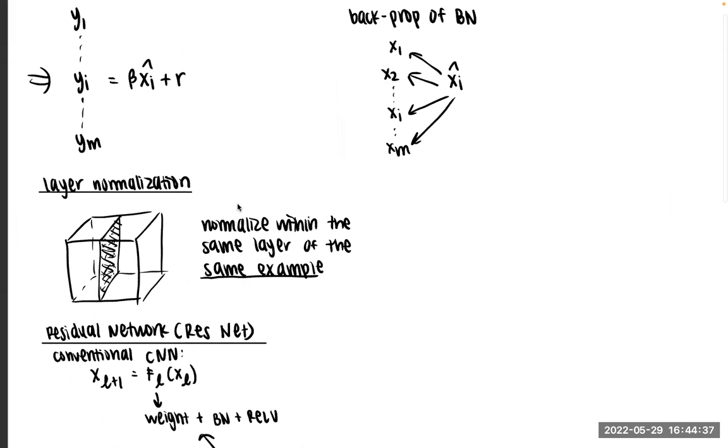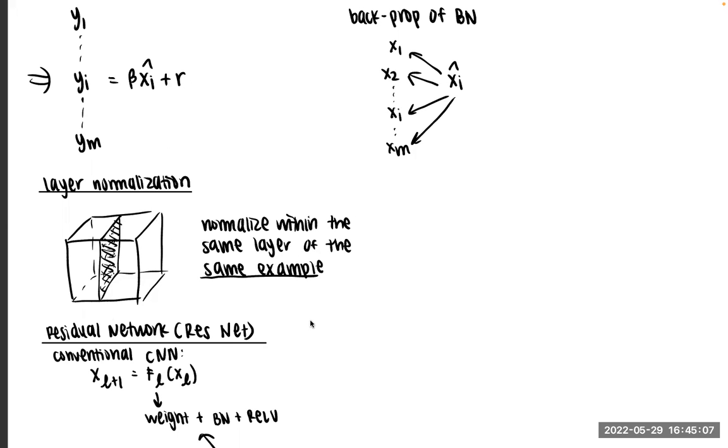So this layer normalization also stabilizes the overall distribution for the input to the next layer. But here, for example, for this feature, we don't normalize it against the same feature of other examples. We just normalize this feature against other features of the same example. Okay, so therefore you don't need to do this type of backpropagation.